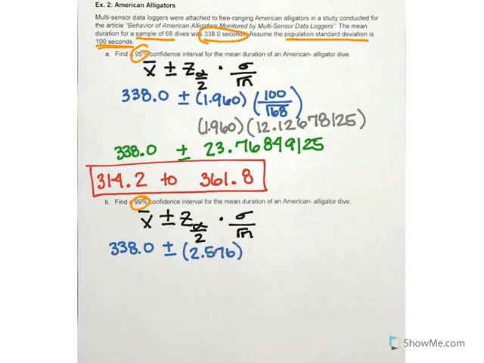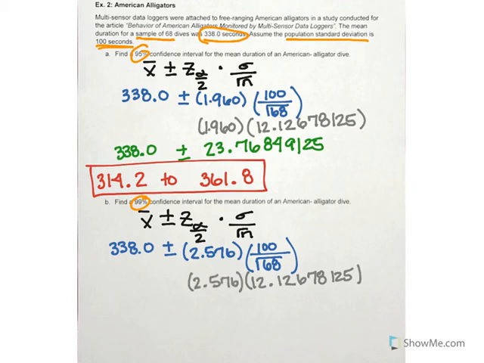That represents 99%. Same population standard deviation is 100, and same number of dives is 68. So when you divide first, you still get that 12.12678125. And I'm going to multiply it this time by 2.576.